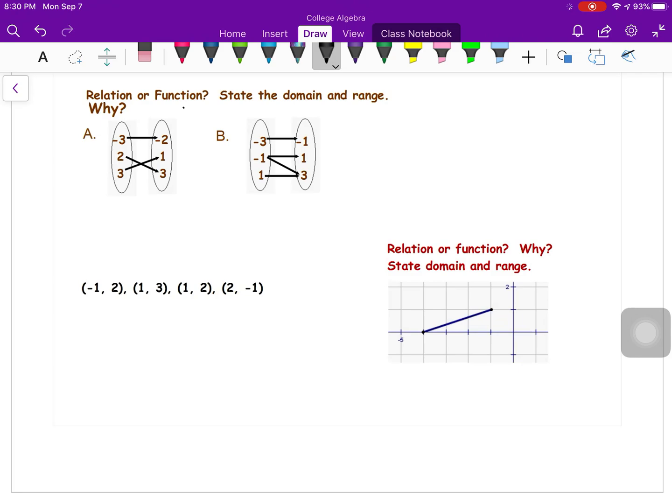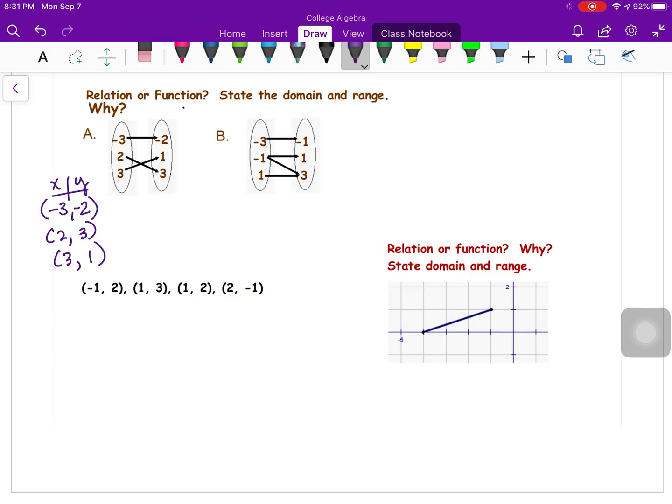For many people, when you have a mapping, it's easier to create the X, Y point. So in this one, -3 goes to -2, so it is -3, -2. 2 goes to 3, so it is 2, 3. 3 maps onto 1, so it is 3, 1. These are my X values, and these are my Y values.